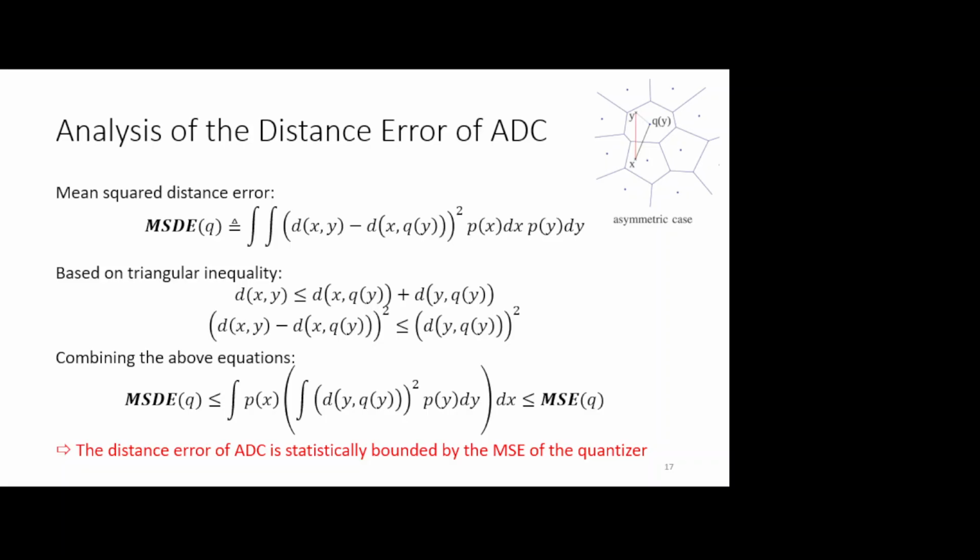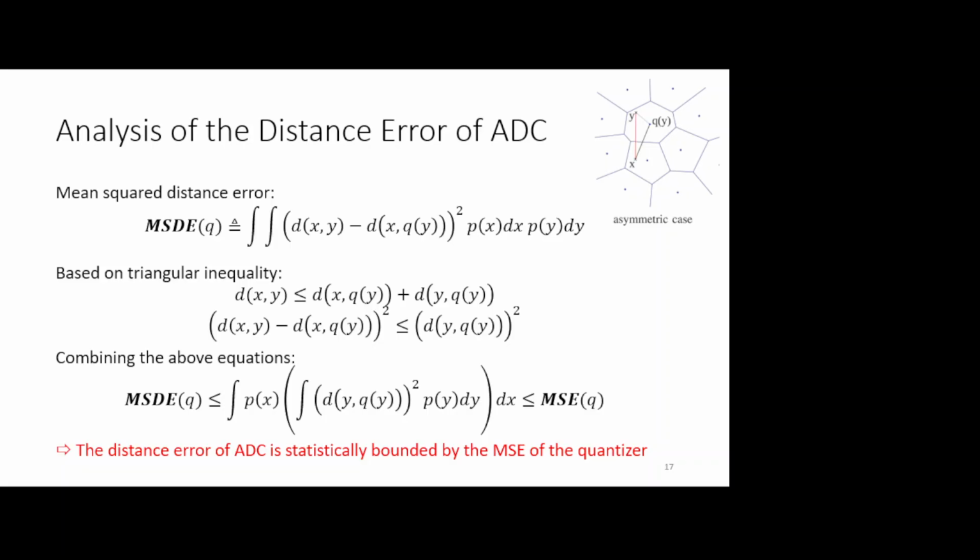Generally, first we use this equation to show the mean square distance error. It can be written as this. The first term is the distance between x and y, and the second term is the distance between x and the quantized vector of y.